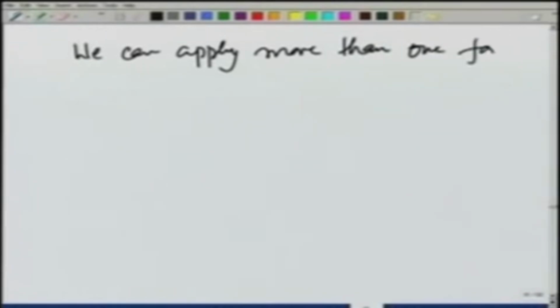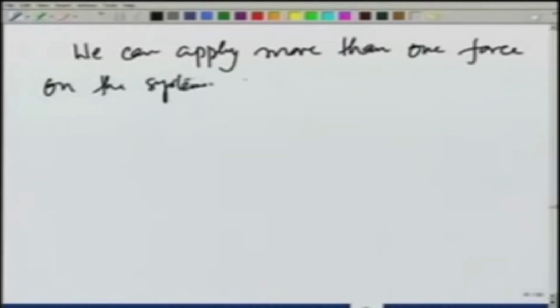Finally, I would like to state that I could also apply more than one force on the system.